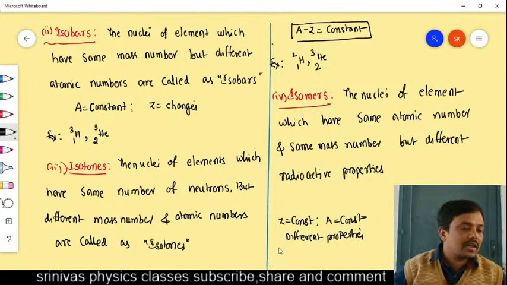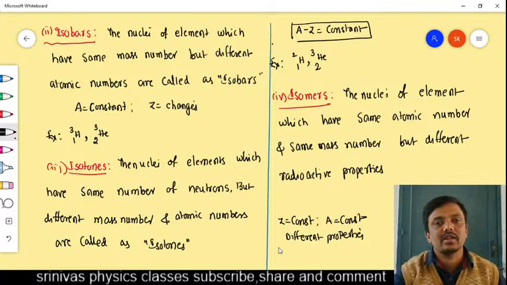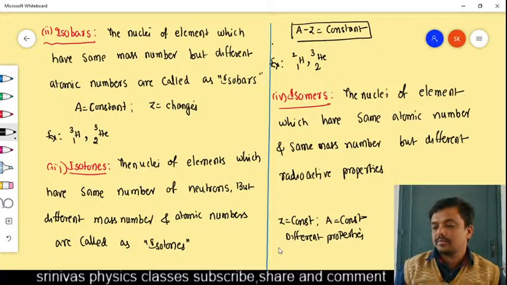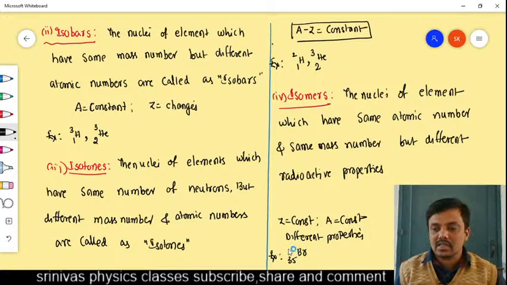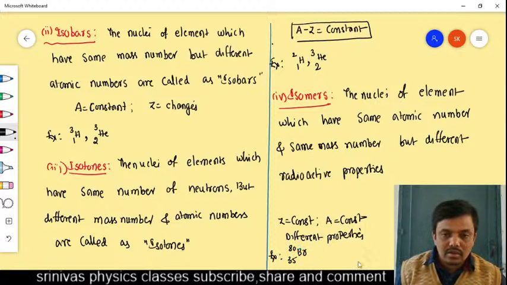I am going to give an example for these elements. The example for isomers is bromine. You take here 35, the bromine atomic number is 35. Mass number we can take as 80. For example, this is in the ground state.